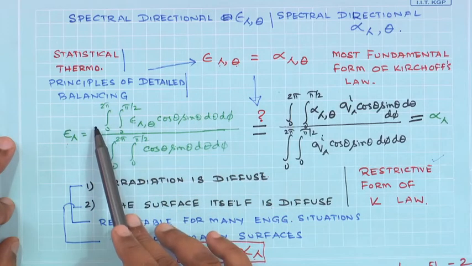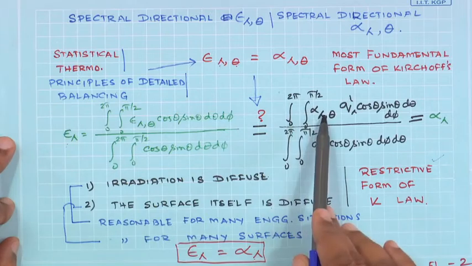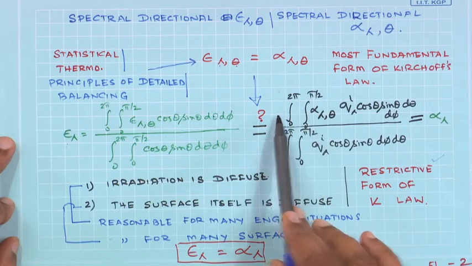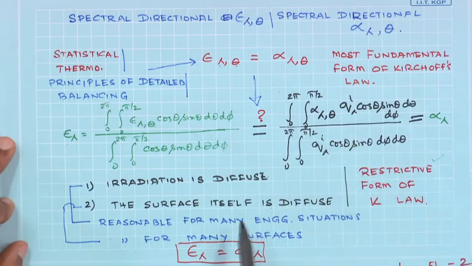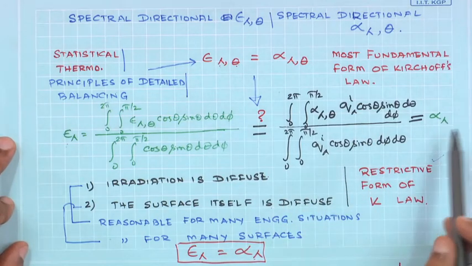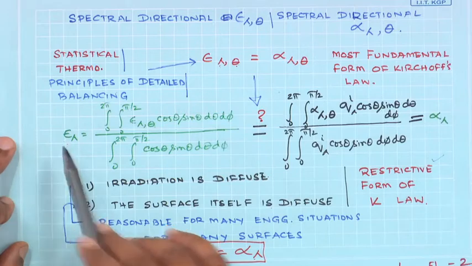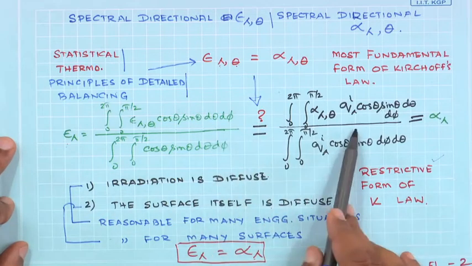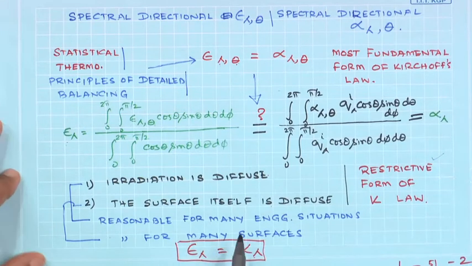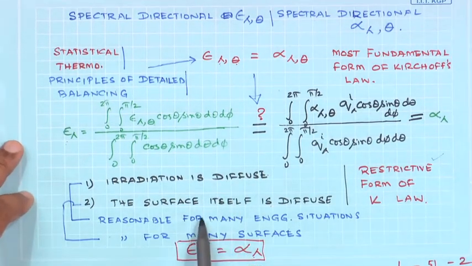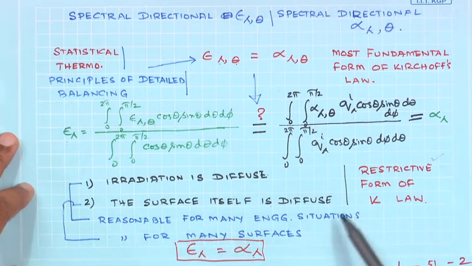That is also a case in which we would get alpha lambda equal to epsilon lambda. So, this relation, epsilon lambda equal to alpha lambda, is true if the irradiation is diffuse and if the surface itself is diffuse.